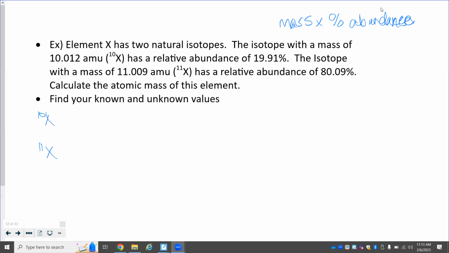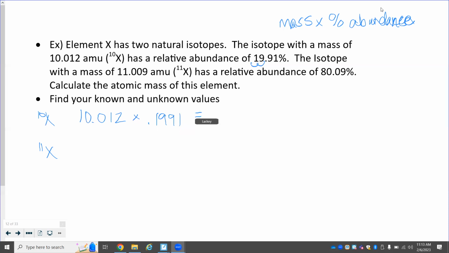So for X10, it gives us a specific mass of 10.012. If it did not give us that mass as a decimal, we would just use that mass number, that 10. It tells us that that has a percent abundance of 19.91%. Well, to change it to a decimal, just move it back 2 spaces. So this is going to be 0.1991.